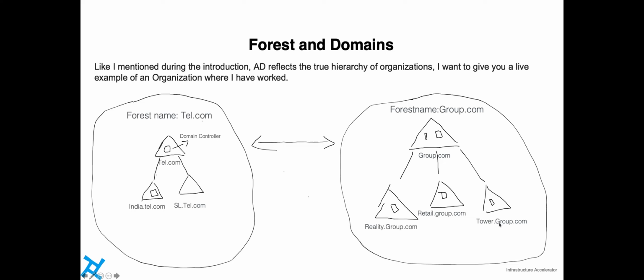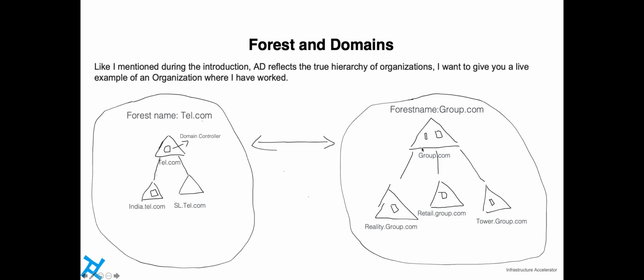And then finally, because they were a telecom company, they later got involved in the business of setting up mobile towers, and they set up a company, once again I can't give you the real name of the company. They created a company named Tower, and they created the domain here, tower.group.com.